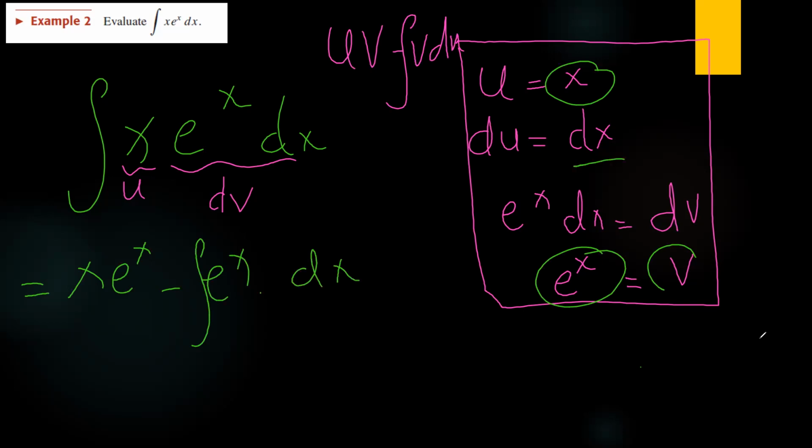So x e to the power x minus, now, what's the integration of e to the power x? It is e to the power x plus c. This here will be the integration of x e to the power x. The answer is x e to the power x minus e to the power x plus c.